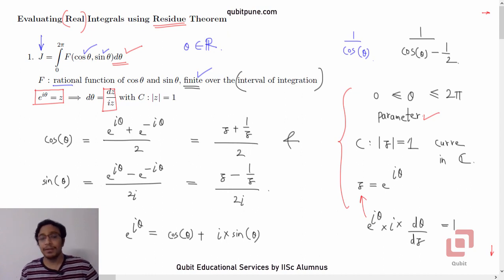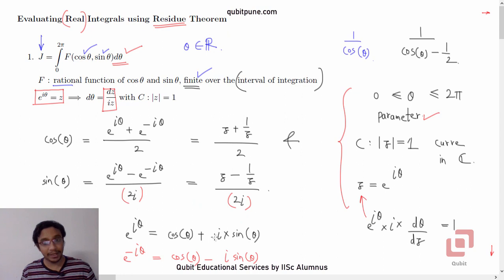Same thing for sin theta. Sorry, I did not tell you the second one. e to the power minus i theta is cos theta minus i sin theta. So if you eliminate cos theta this time, sine theta is going to be z minus 1 upon z upon 2i. Don't forget iota here. It's going to be there.